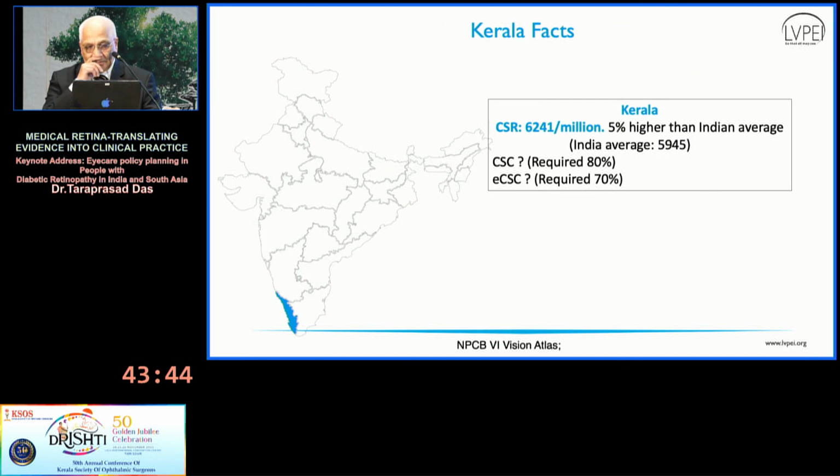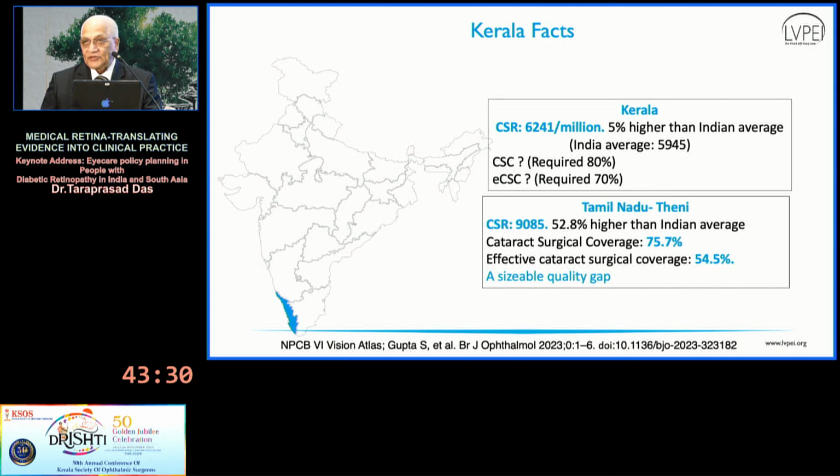So also obesity. So considering that the cataract surgical rate is very high in Kerala, almost 5% more than the India average, we do not have the data for CSR and effective cataract surgical coverage. Considering that even in a state like Tamil Nadu, with a higher cataract surgical rate, there is still a huge gap in the effective cataract surgical coverage, the quality of the cataract surgery.